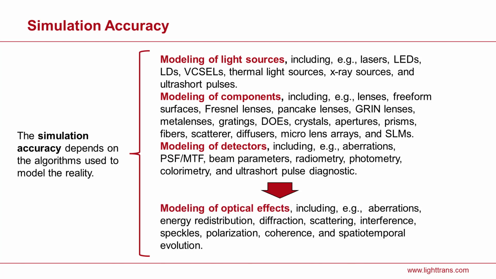As is often the case in science, to help our human brains make sense of a chaotic reality, we have classified the phenomena that are relevant in optics into different categories, and we have attached different labels to these effects so that we speak of including aberrations or energy redistribution, diffraction, scattering, interference, speckle, polarization, coherence, or spatial-temporal evolution, among others, in our models.